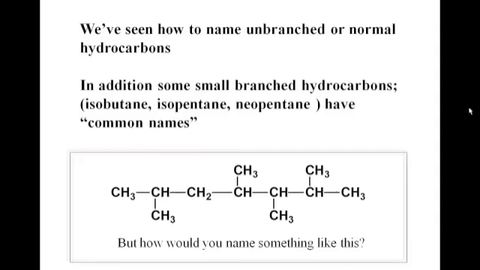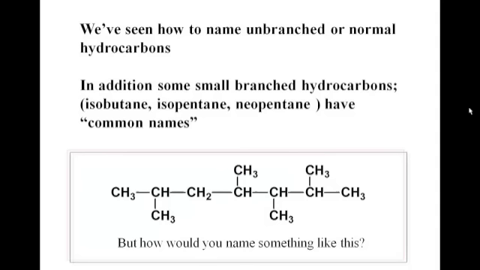So a molecule like this probably doesn't even have a common name, and you would want to name this molecule so that you could figure out the structure if I gave you the name, or if I gave you the structure, you should be able to figure out the name.